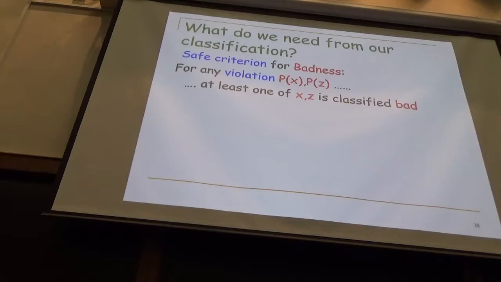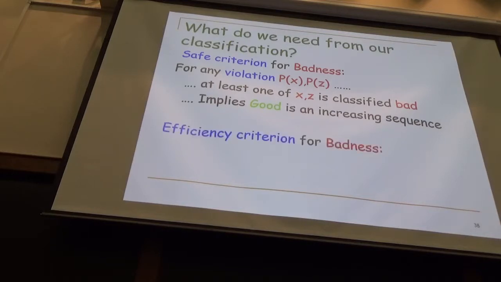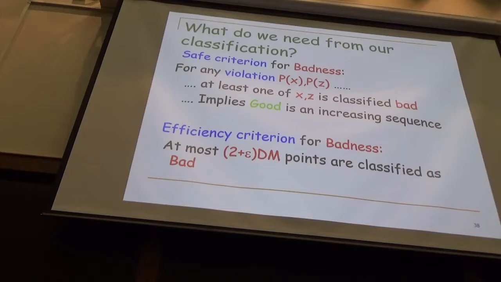We have to somehow guarantee that for every violation, and that will imply that good is an increasing sequence. The other is the efficiency criterion for badness, which is that we don't want too many bad points. The number of points we declare bad should be at most, let's say, twice the distance.